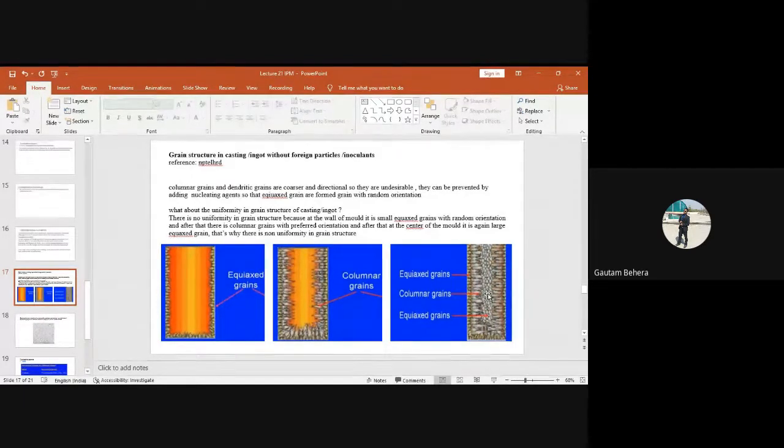So what is the direction of heat rejection, and what is the relation of the direction of heat rejection with the columnar grain direction? Let me see who can answer. What is the direction of heat rejection inside the mold? And the second question is, what is the relationship between the heat rejection inside the mold and the direction of the columnar grains?